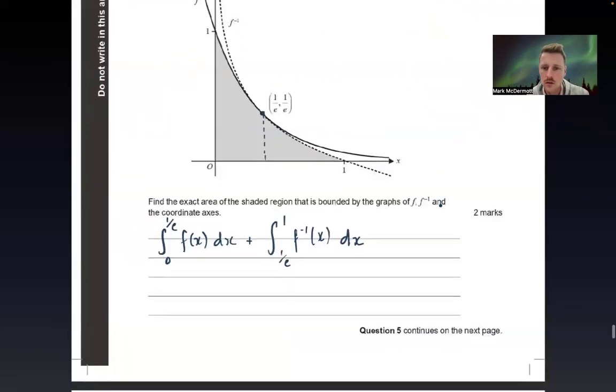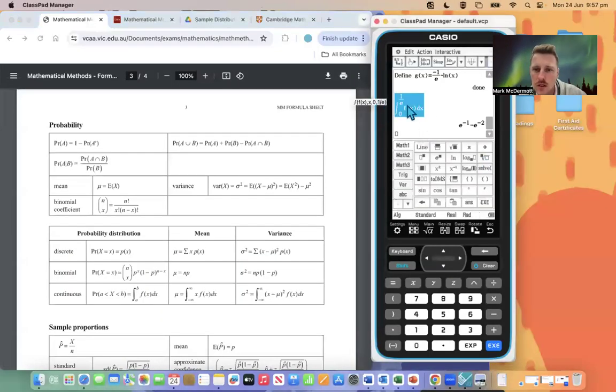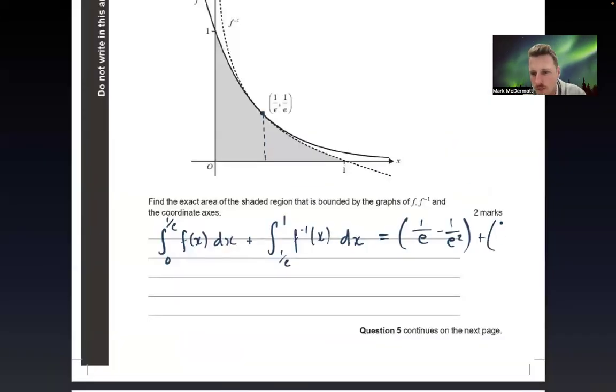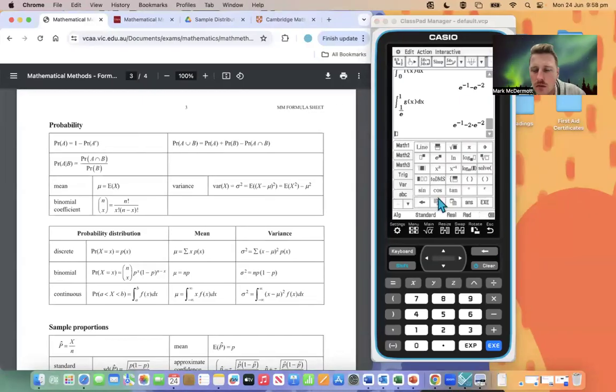Plus, I want that to be g of x, which is f inverse in my case, from 1 on e to 1, which is 1 on e minus 2 on e squared.